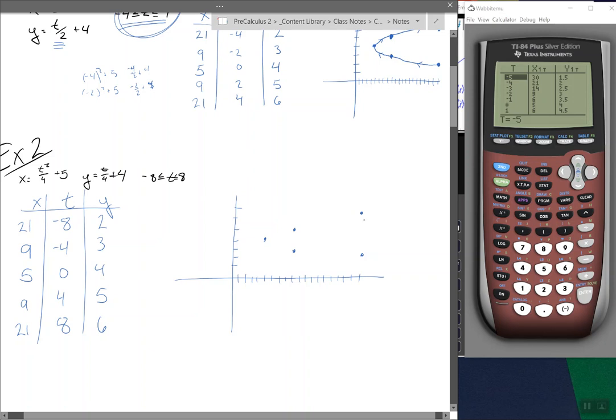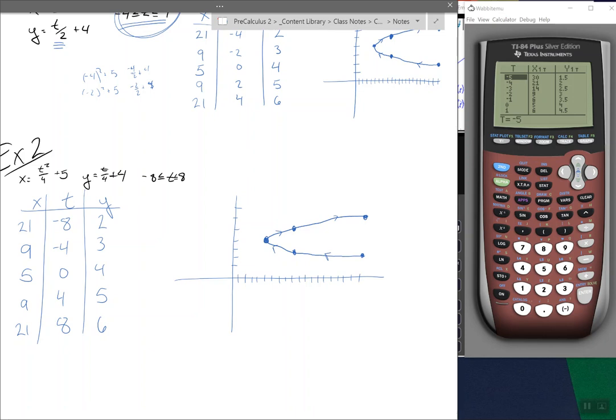So we still get the same curve. What's happening though is this second curve, since it was from -8 to 8, it took longer to make. So it took more time to generate that curve. Instead of it taking the 8 seconds from -4 to 4 that it took in the first example, this one now took 16 seconds to make that same curve.